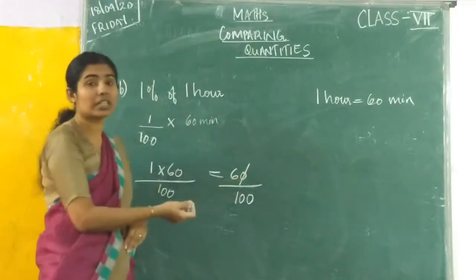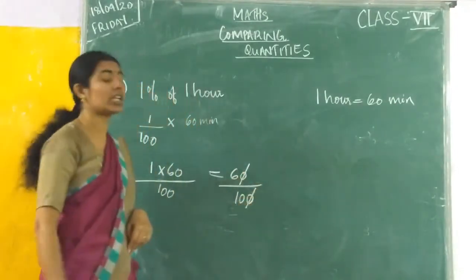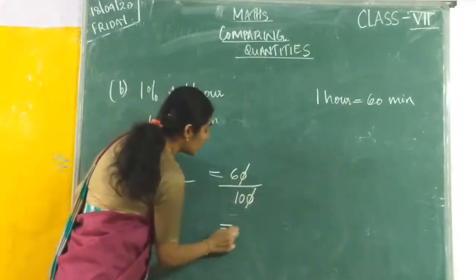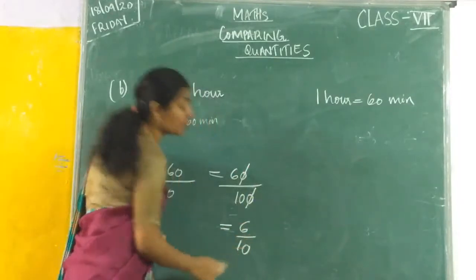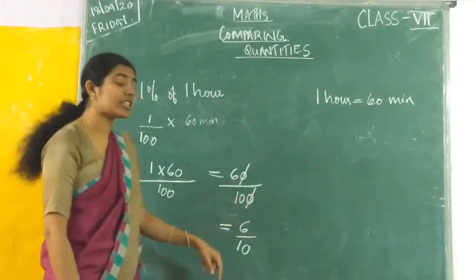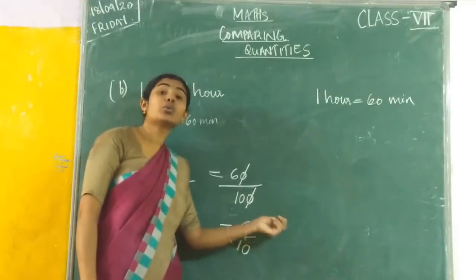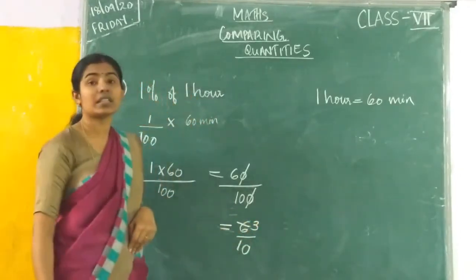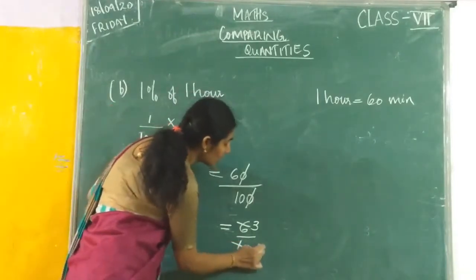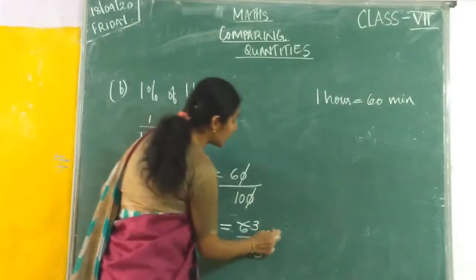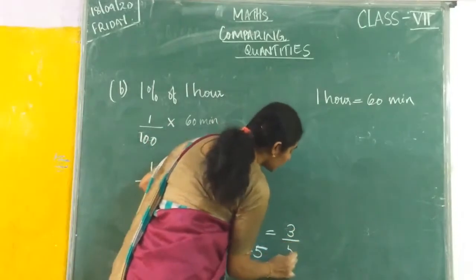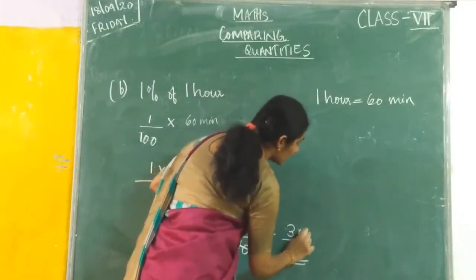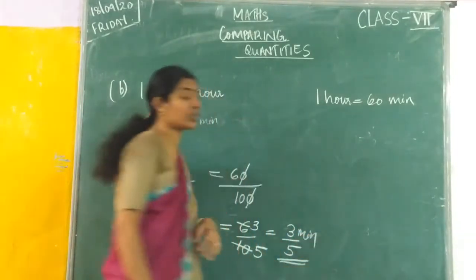Here one zero you can cancel, here also one zero you should cancel. Now what is remaining? 6 by 10. Now 6 and 10 are in the 2 table, isn't it? 2 threes are 6. 2 fives are 10. So what is the answer? 3 by 5 of a minute, converted into minutes.